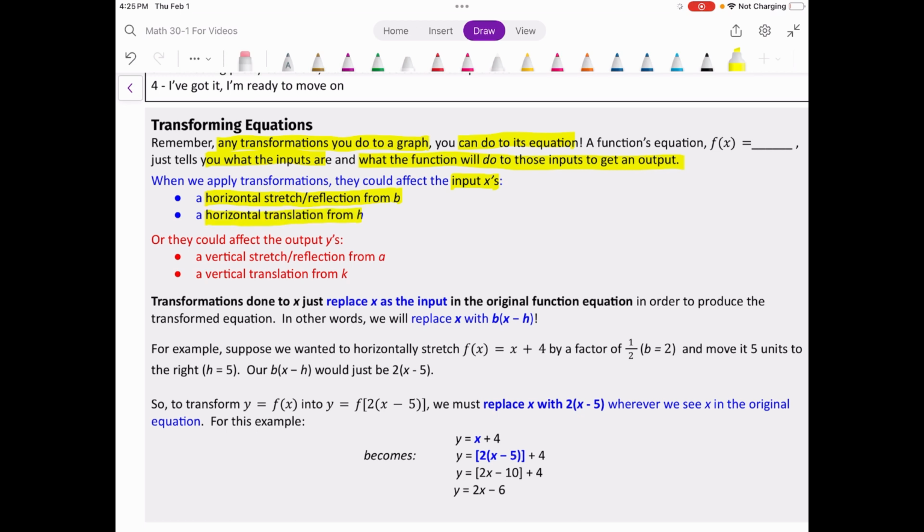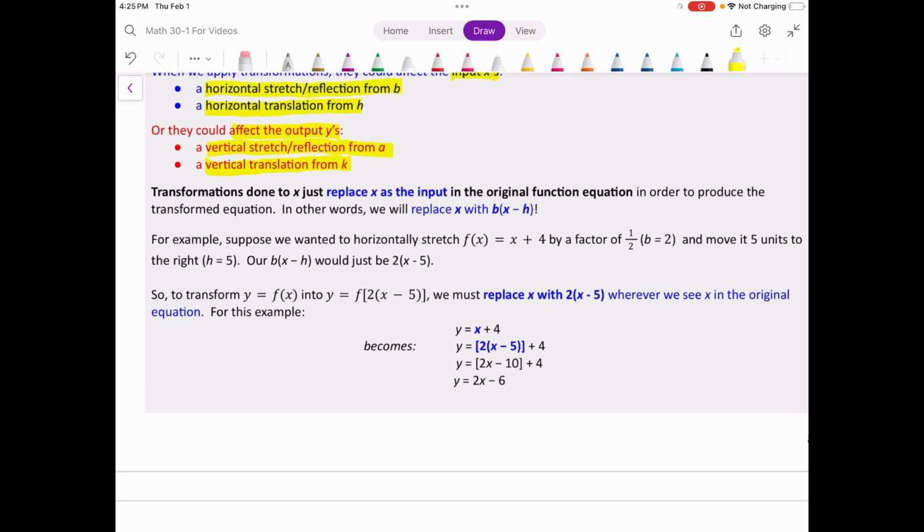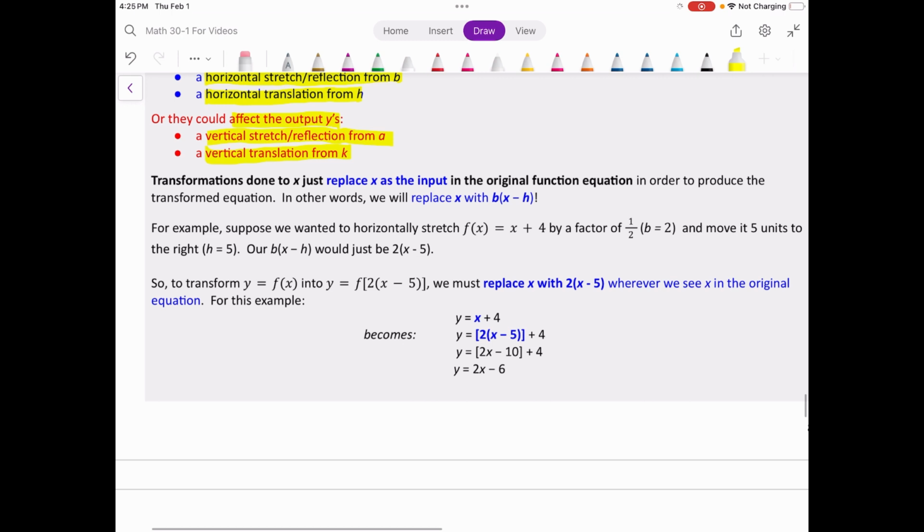But of course, we've seen transformations can also affect our output y's, right? They might affect the input x's, but they can also, vertical stuff can happen. We might get a vertical stretch or reflection from A, or a vertical translation from K, or again, both, okay? So let's focus in on these one at a time. Transformations done to x just replace x as the input in the original function equation, right?